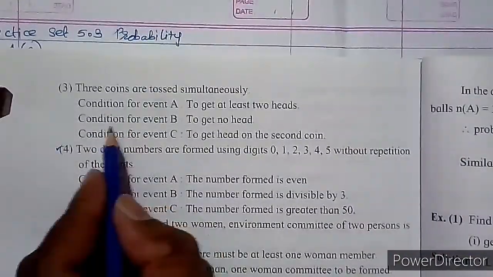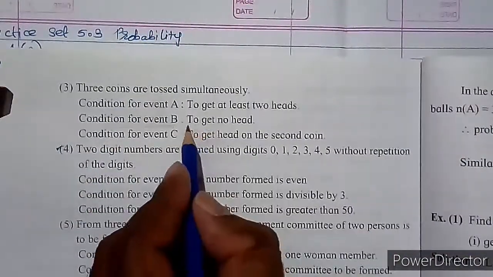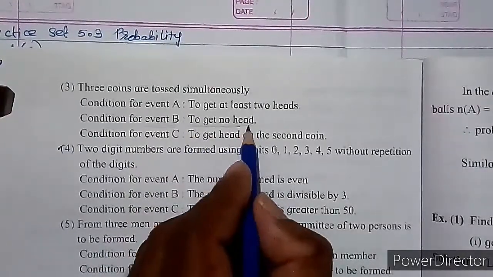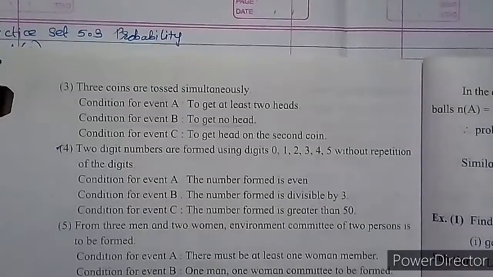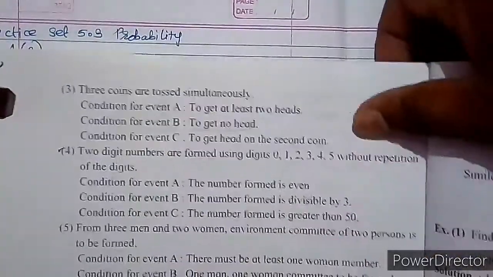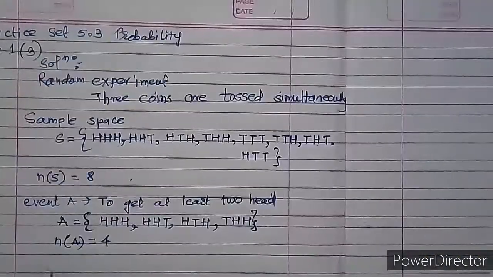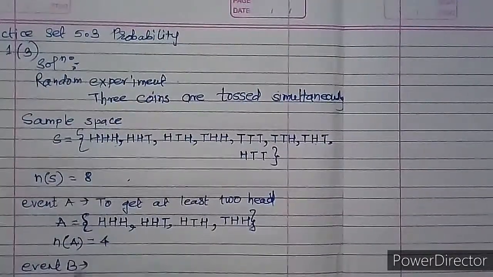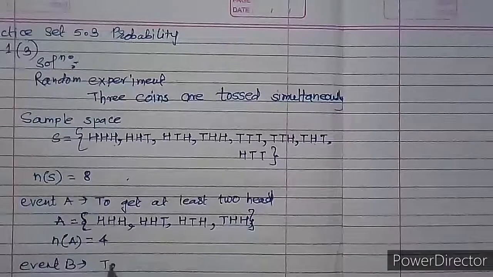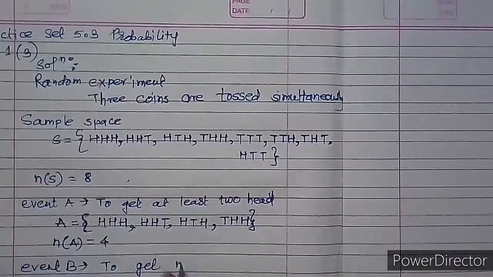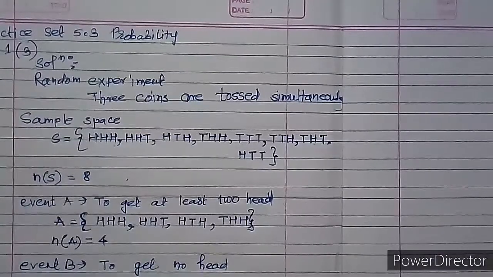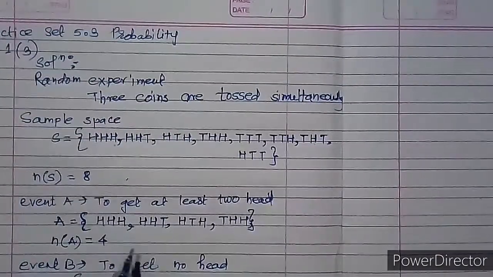Here the condition for event B is to get no head. It means not a single head is allowed in the outcome. That's why we have to write down event B, which is to get no head. Here in the set B, not a single head entry is allowed.